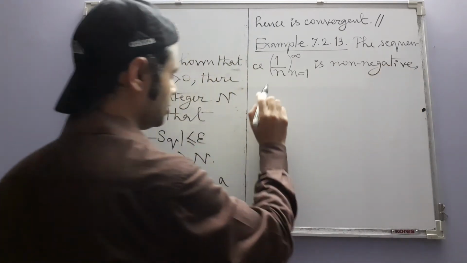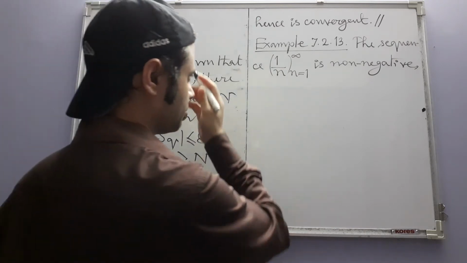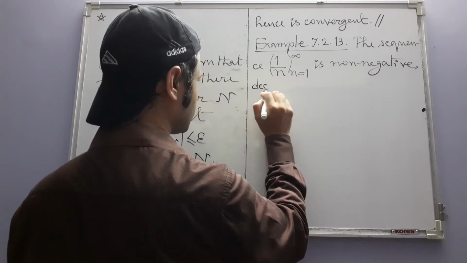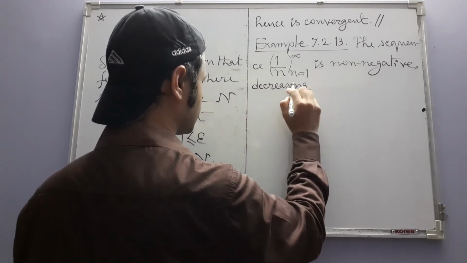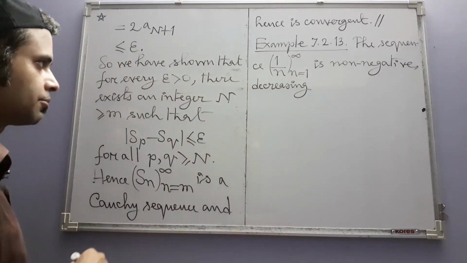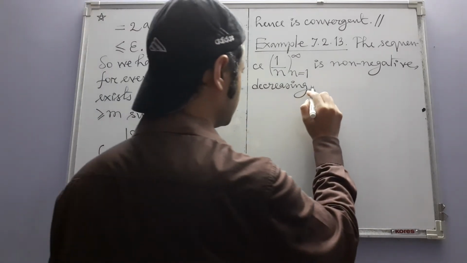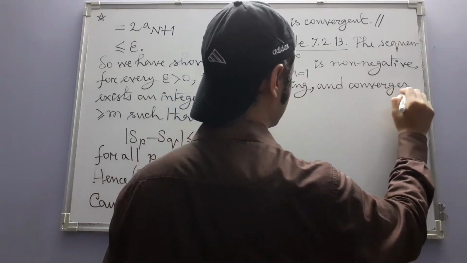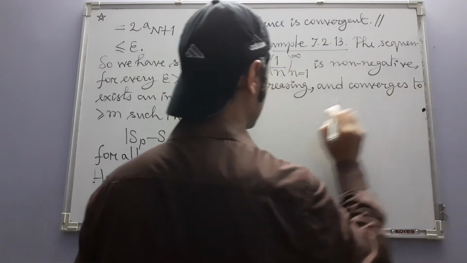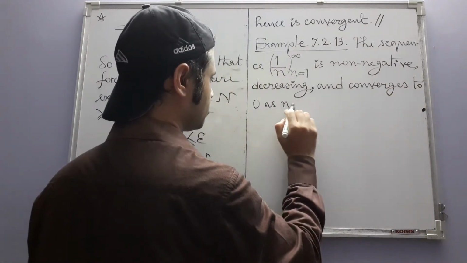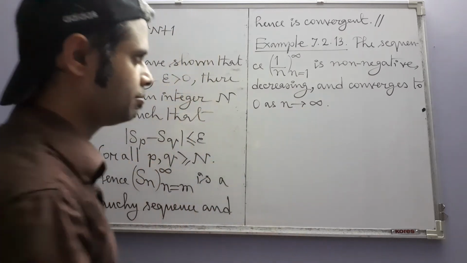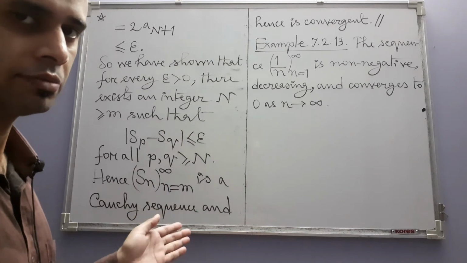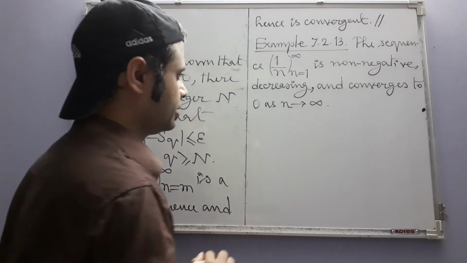Sequence is non-negative means the terms are non-negative real numbers. Is non-negative decreasing. As n increases, the reciprocals decrease and converges to 0 as n approaches infinity. That means this sequence satisfies all the conditions given in the statement of the alternating series test.